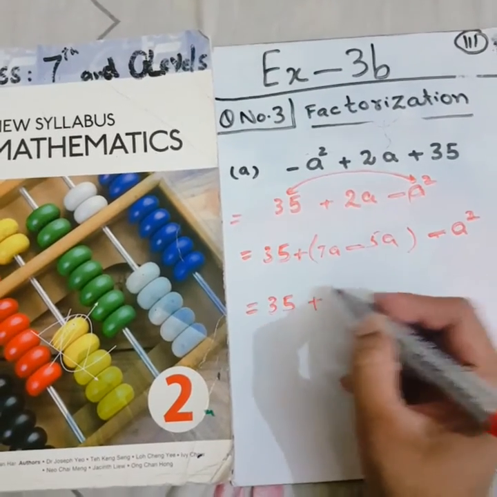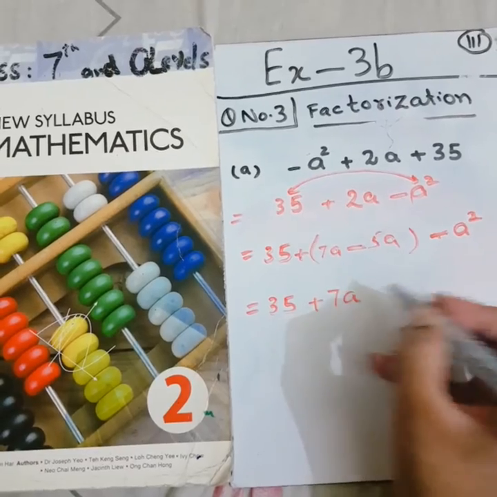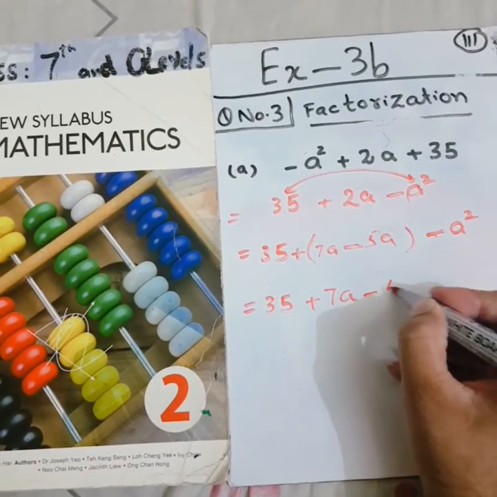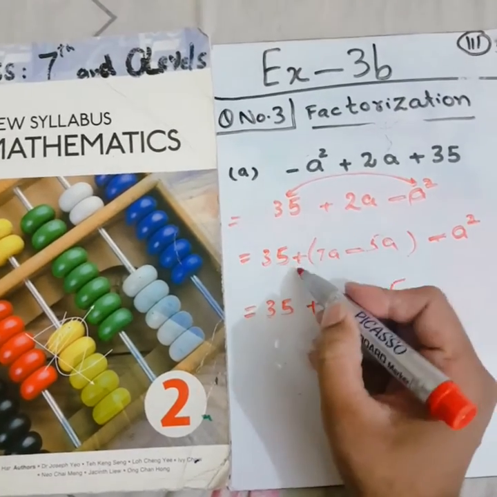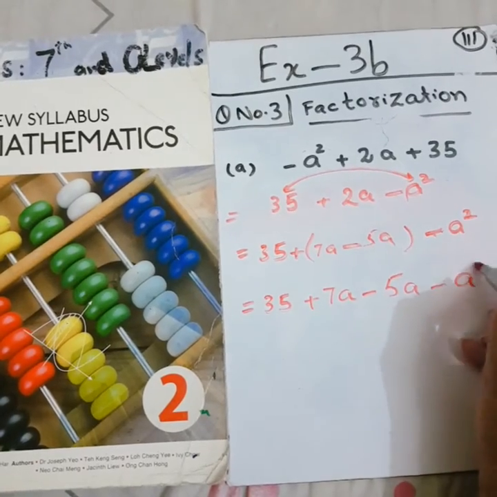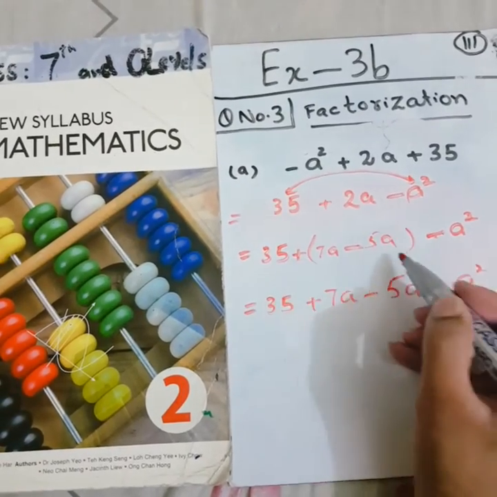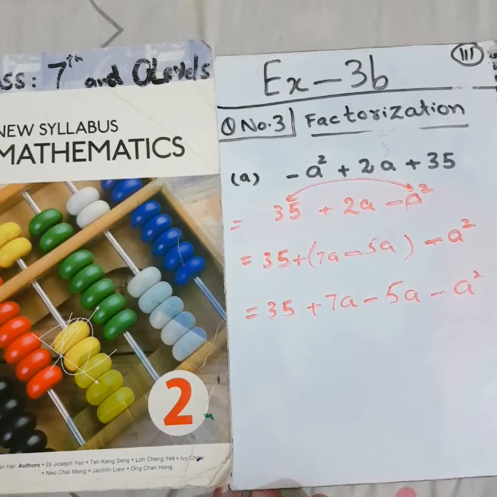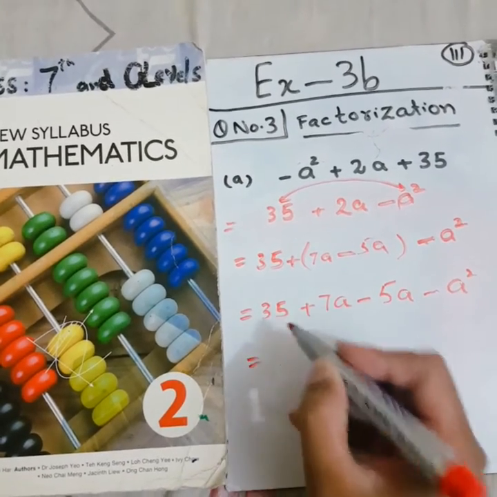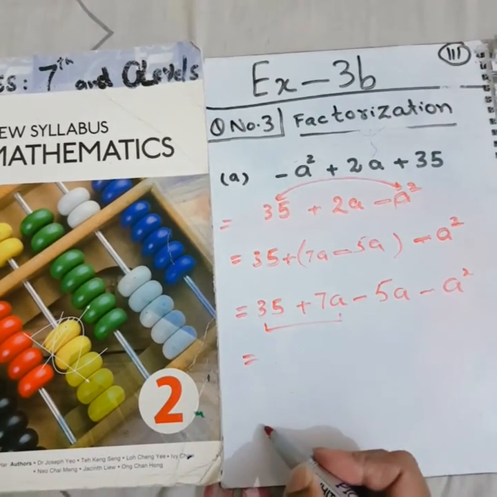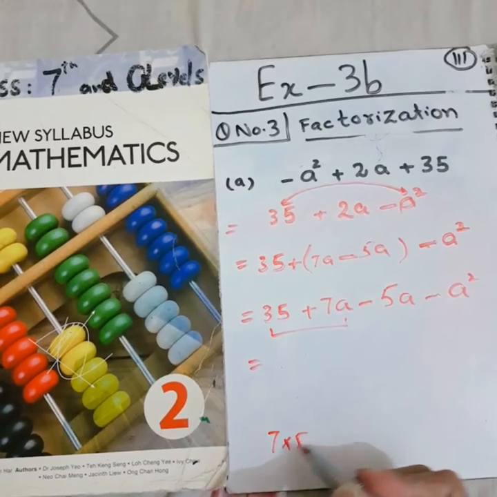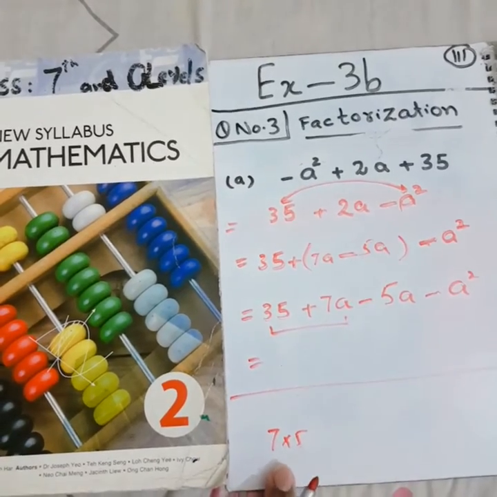Because of this plus sign outside, the signs inside the bracket won't be changed. Minus signs stay as they are because there was a positive sign outside, minus a square. So this positive sign hasn't any effect on the signs inside the bracket. What is common here? This 35 is actually the combination of 7 and 5. You can say I'm doing the rough work here.